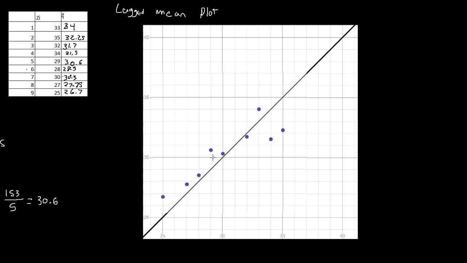What you're going to end up getting is a fully completed graph, and it should hopefully look something like this, where we have our points all plotted. And this line right here, let's use a different color so it'll look better, this line right here is a one-to-one line.